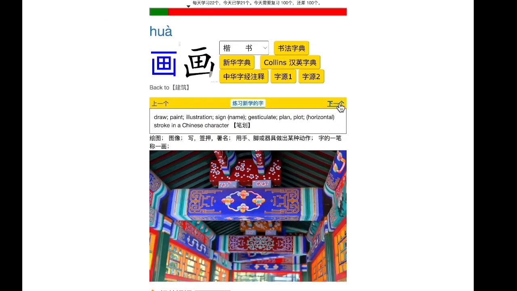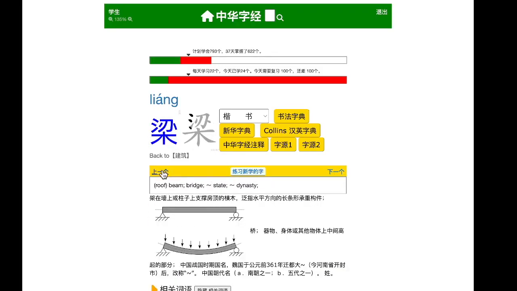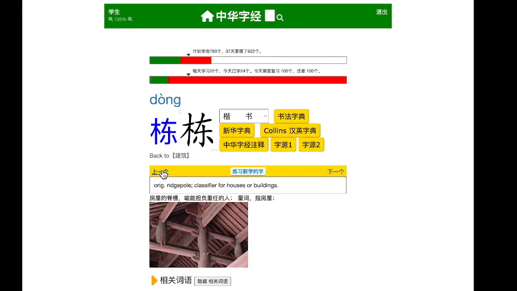In this context, we are talking about 画栋雕梁. So 栋 is a ridgepole, the supporting beams for roofs of buildings. 栋 is also the classifier for houses and buildings.